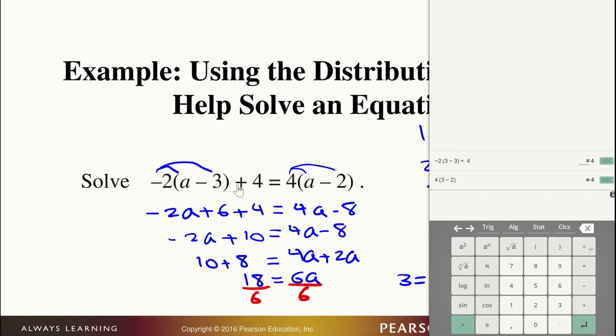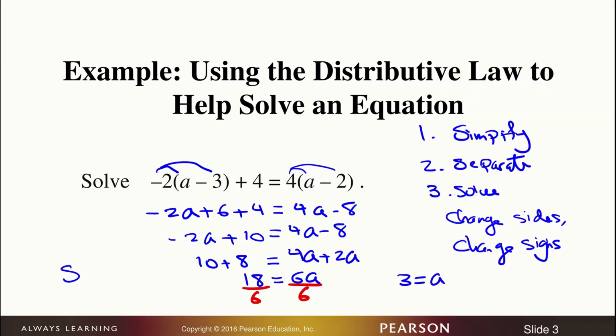So indeed, a equals 3 makes this equation true because you get 4 equals 4 at the end when you substitute it. So therefore, we've checked it and it is verified. So then we can write the solution set simply as the set containing 3.